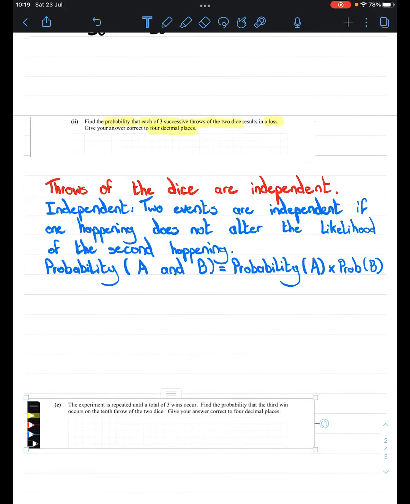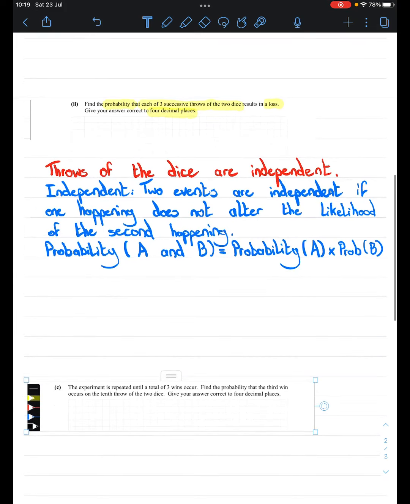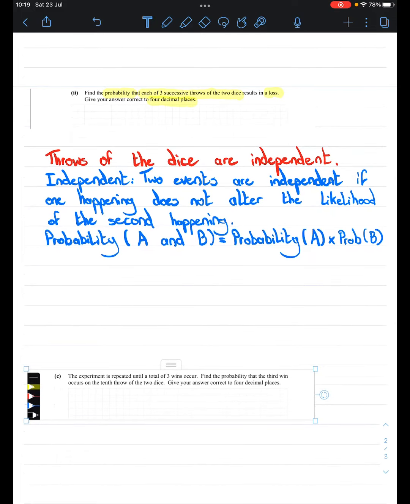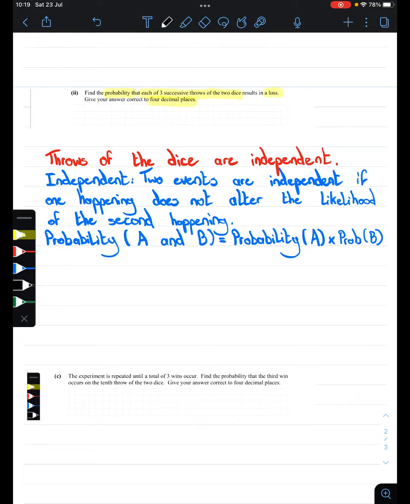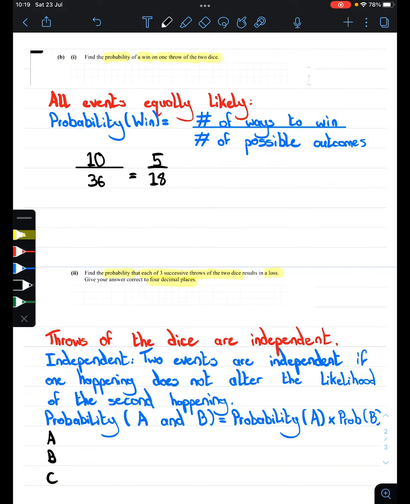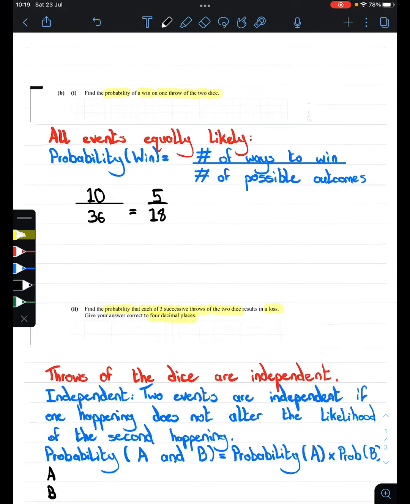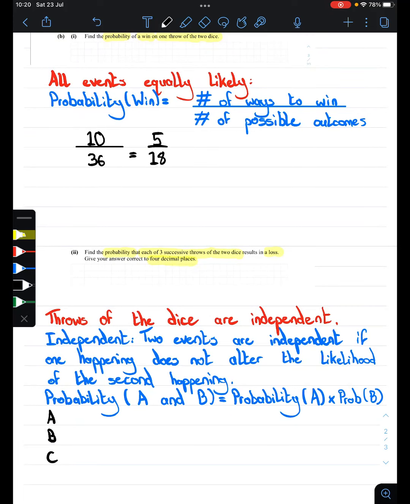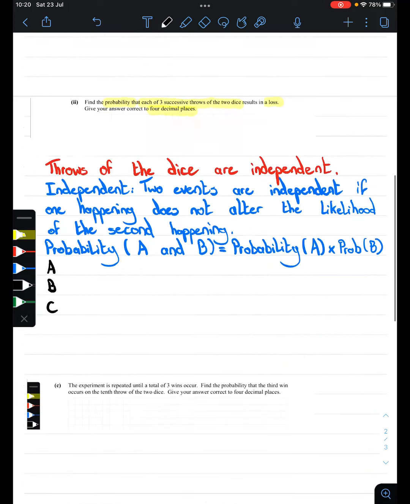Find the probability that each of 3 successive throws of the 2 dice result in a loss. Alright, well, one has to result in a loss, and then another, and then another. And those 3 things are independent. So let's call the first resulting in a loss A, the second resulting in a loss B, and the third resulting in a loss C. And the probability of each of them is just, well, you either win or you lose, and you win with 5 over 18, so you lose with 13 over 18, because it has to sum to 1.